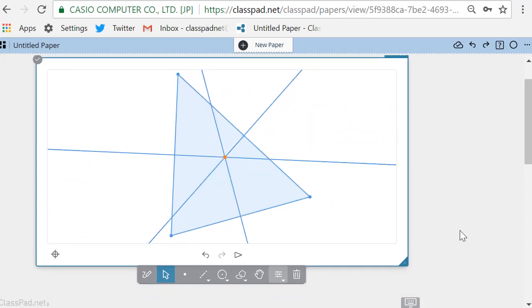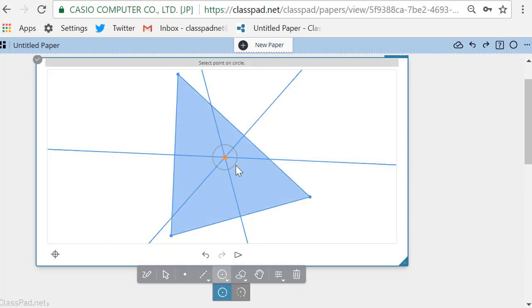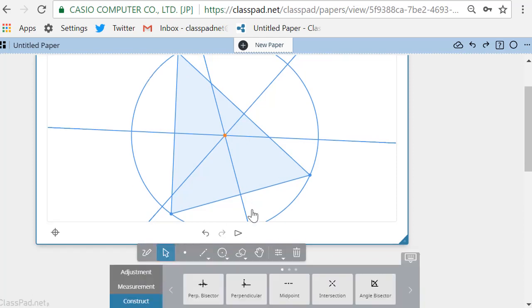Well, it can actually be the center of a circle. So the interesting thing about the circumcenter is if I get a circle and use that circumcenter as the center of a circle, so I'm going to construct a circle, watch what happens. It is a circle where all the vertices of that triangle lie on the circle. And again, let's go back to our arrow tool.